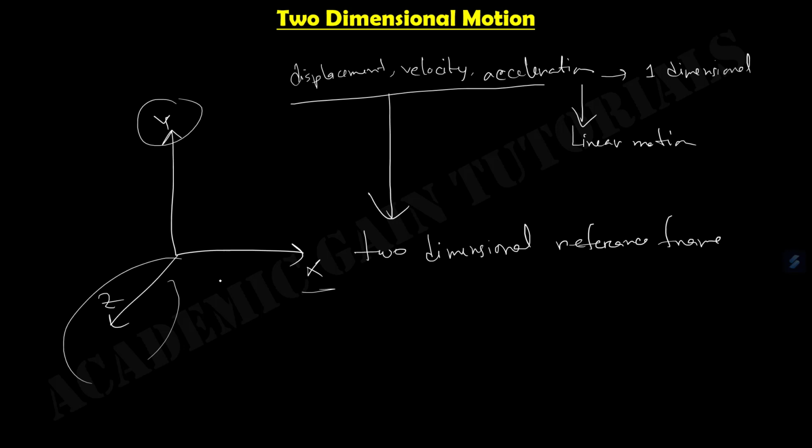Now, if the motion of a body is considered in two-dimensional plane or surface, then that is called two-dimensional motion. So, if we can describe any motion in two dimensions like x-axis and y-axis, then those kinds of motion are known as two-dimensional motion.